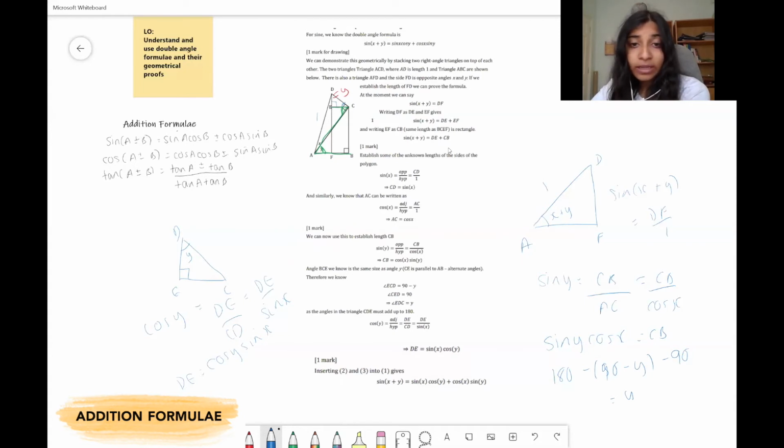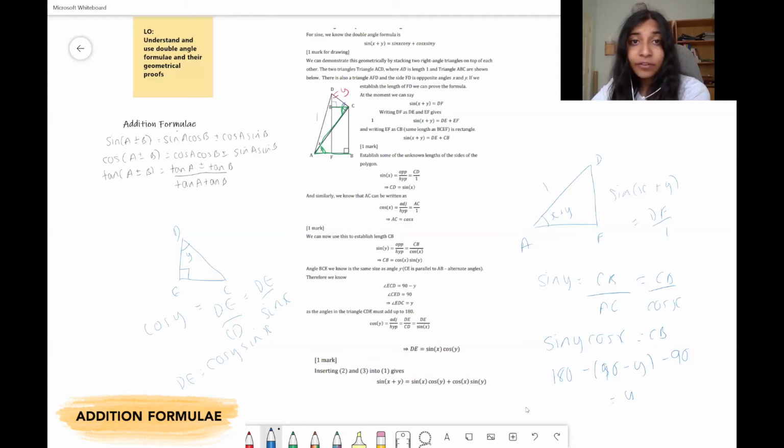And then in order to find out what DE and CB are, we just did a variety of more trigonometry to find those out, and then once we found them out, we just plugged that back in.